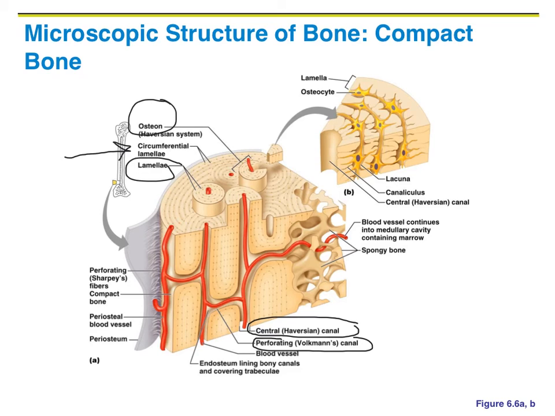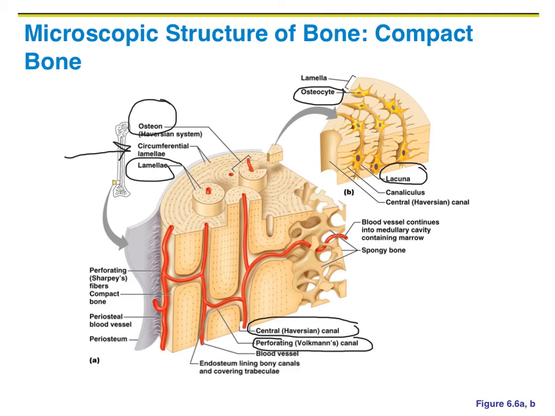Immature cells known as osteoblasts secrete the matrix. They get trapped in the matrix to become the mature cells known as osteocytes. Osteocytes lie in pits or openings known as lacunae. Lacuna is singular, lacunae is plural.